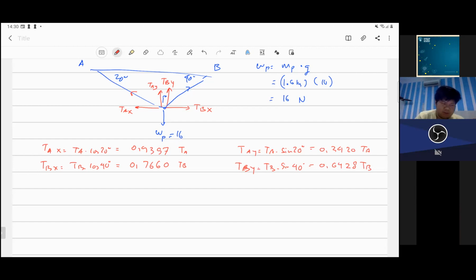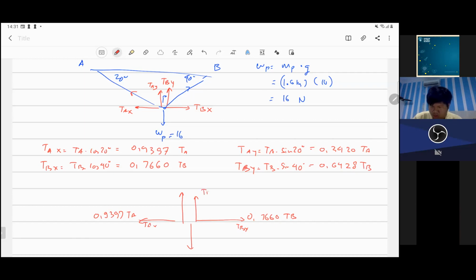No questions. Okay. Now I'm going to rewrite again using only the parts that go in B and P here. This is going to be 0.9397 TA, this is TAX, 0.7660 TB, this is TBX.